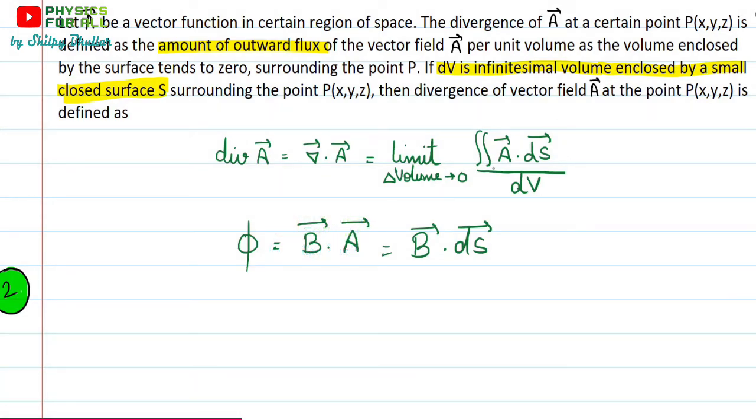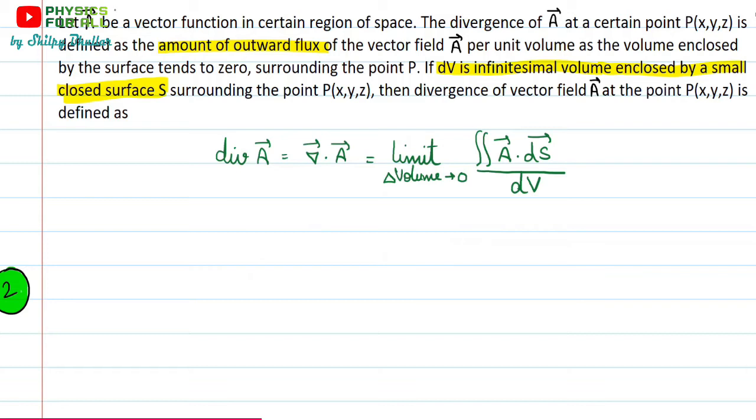So whatever amount of vector field is passing through that small surface S, per unit volume, because that surface S is enclosing a very small volume which is tending to 0. So through that volume, how much of the vector function is passing through? This is what we mean by divergence.